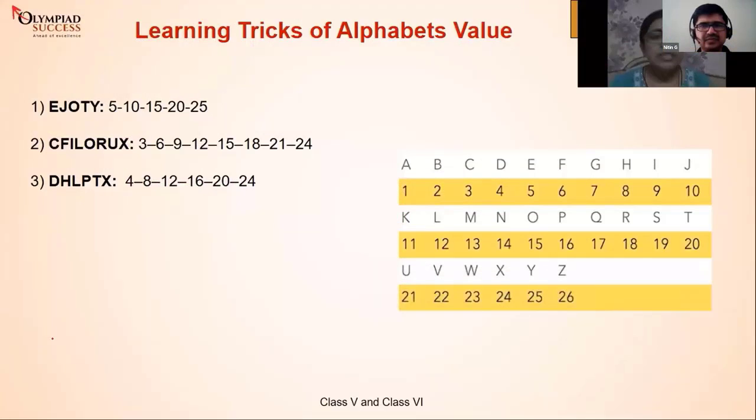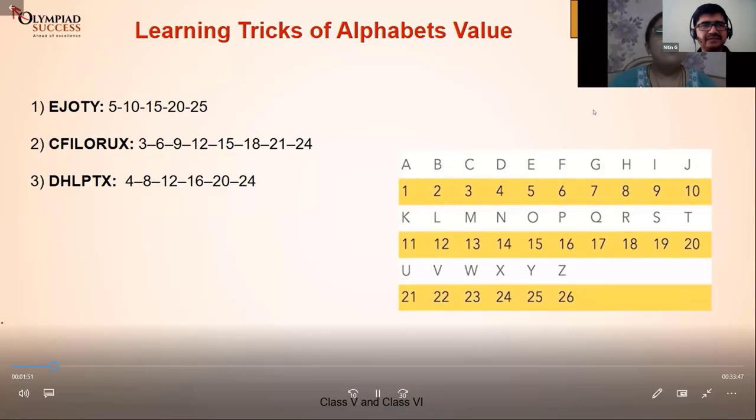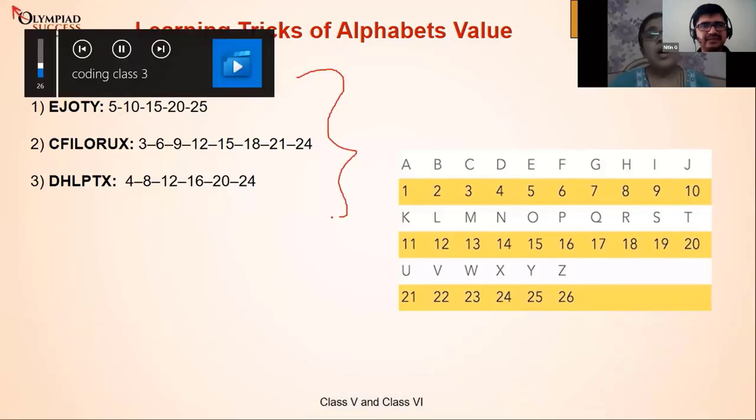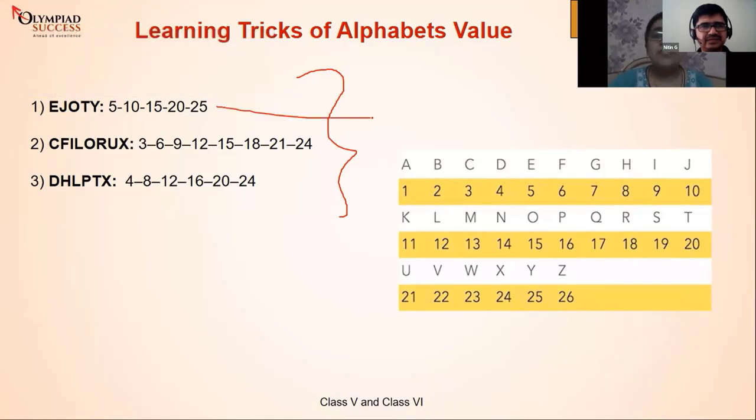For the place value of the alphabets, we have certain given rules which are multiples of certain numbers. EJOTY is a very famous one because it is actually the multiples of 5. If I check the place value of E, then E stands for 5.